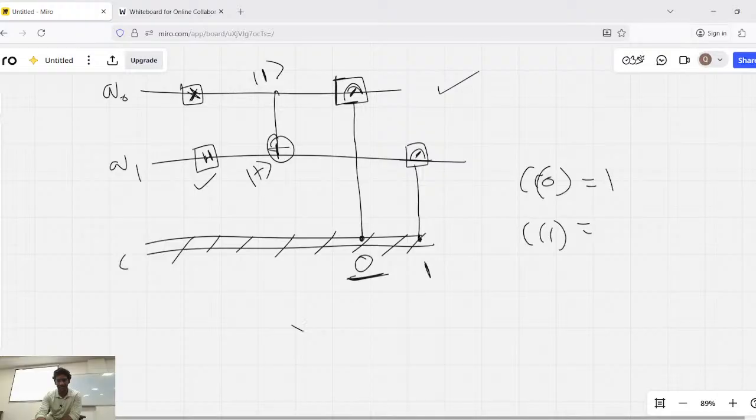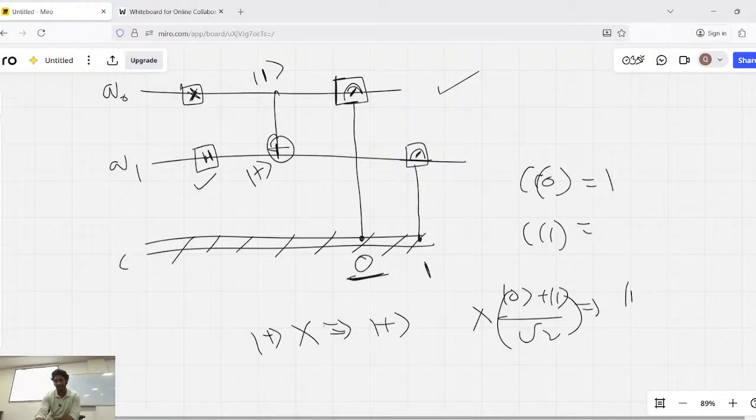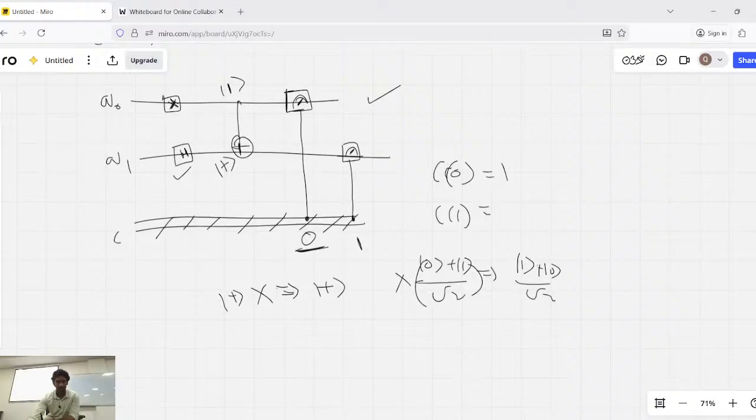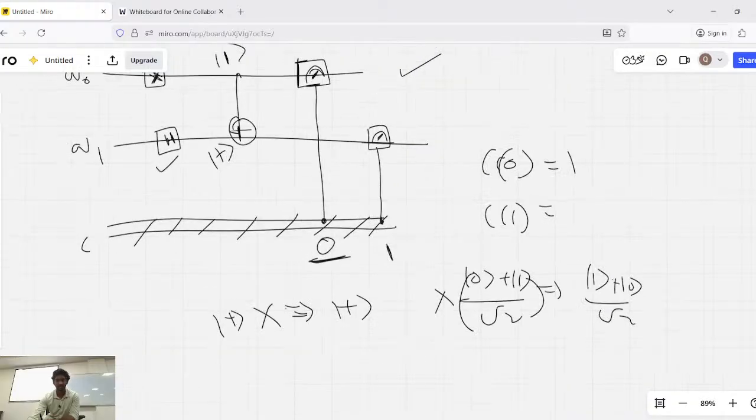So if you apply an X gate to your plus state, what is the output? The output is a plus state only. So that's what I mentioned, right? 0 plus 1 by root 2, apply an X gate, the output will be 1 plus 0 by root 2. Okay? So this will be the particular output for this.